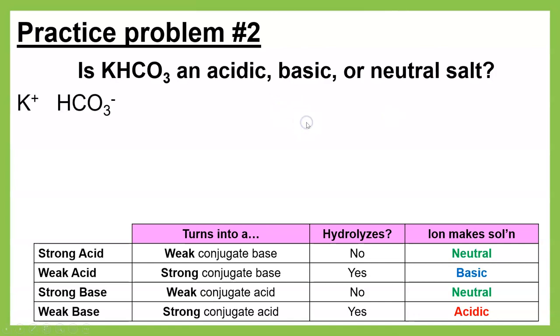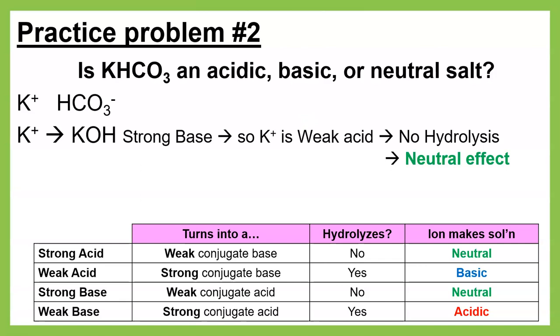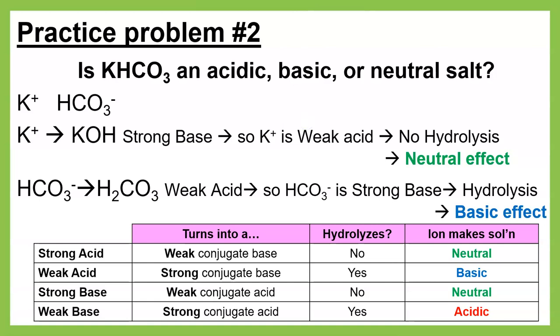All right, we have our ions. Potassium came from our strong base, which means it'll be weak, which will have no hydrolysis, so it'll have a neutral effect. But here, this came from a weak acid. So this will be basic, won't it?